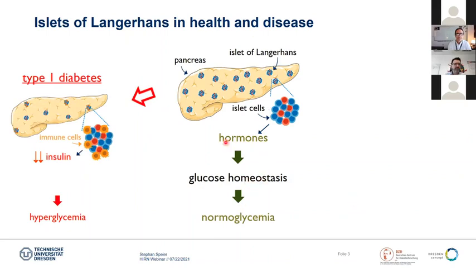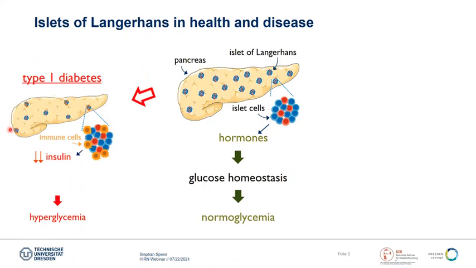In some cases, this goes wrong. For example, as you know, in type 1 diabetes, there is an autoimmune attack. The patients have a reduced number of islets and beta cells, and also reduced beta cell function, and that leads to a hyperglycemic setting.